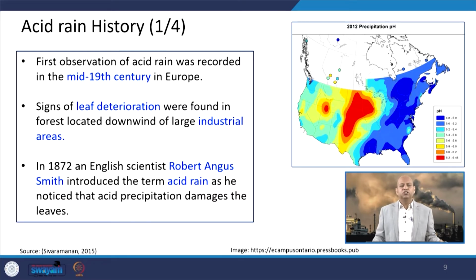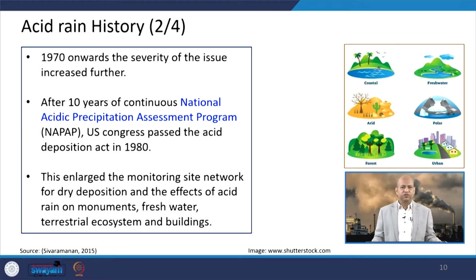In 1872, an English scientist, Robert Angus Smith, introduced the term acid rain, as he noticed that acid precipitation damages the leaves of plants and the forest. From 1970 onwards, the severity of the issue increased further, as acid rain increased in several parts.